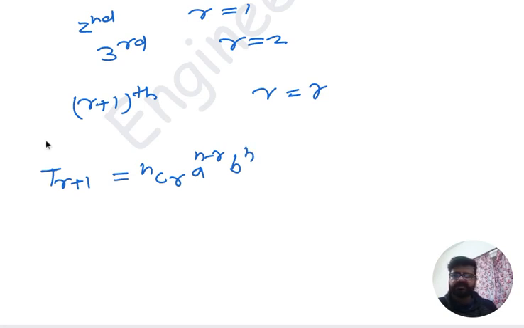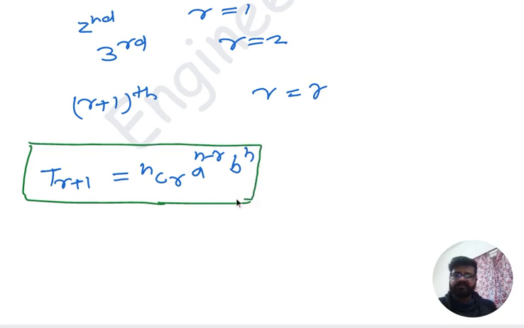So we found another formula. There are very high chances of this. He can ask you to find the (r plus 1)th term, and that will be nCr a to the power n minus r into b to the power r.